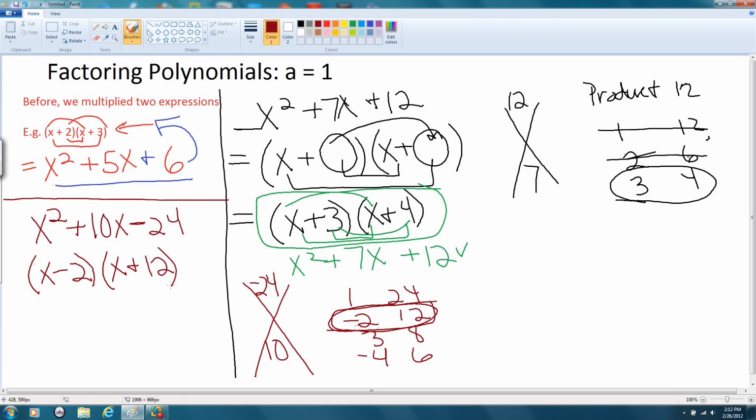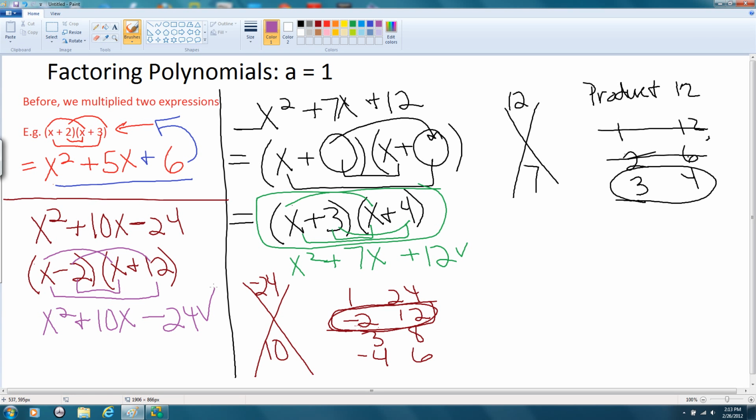And we always want to check it, so I'll check it in purple here. So I get x squared, that's correct. I get minus 24, that's correct. And then I get minus 2x and a plus 12x, that's going to equal 10x, and therefore it checks.